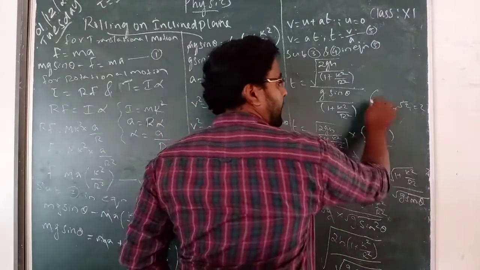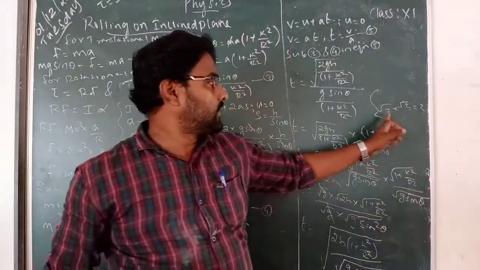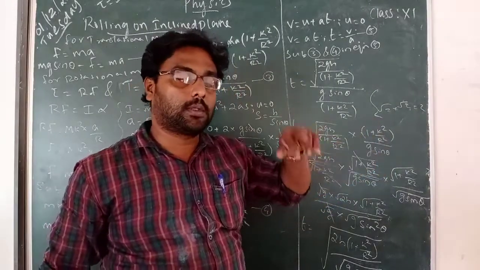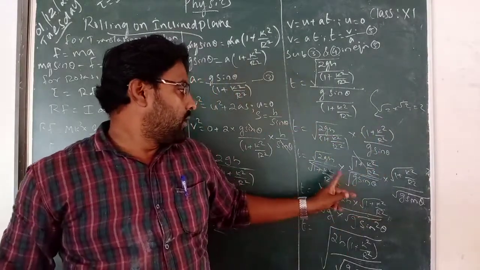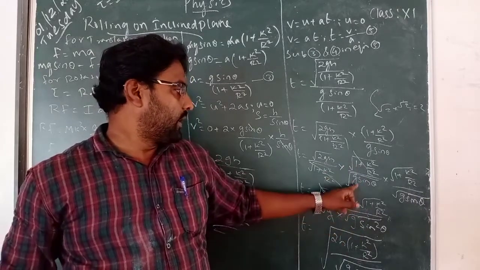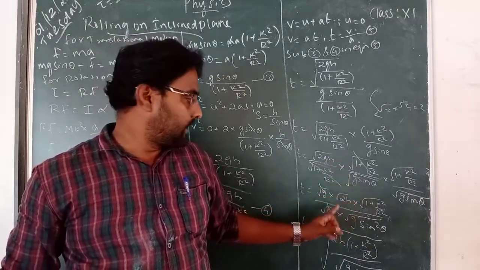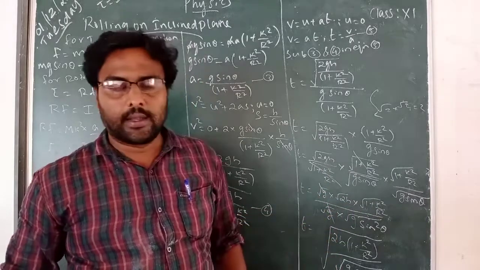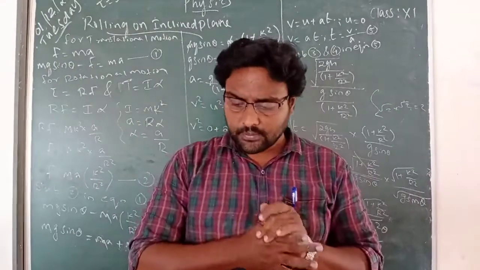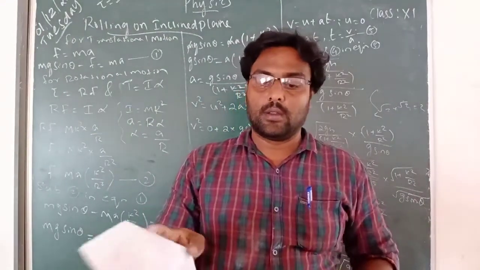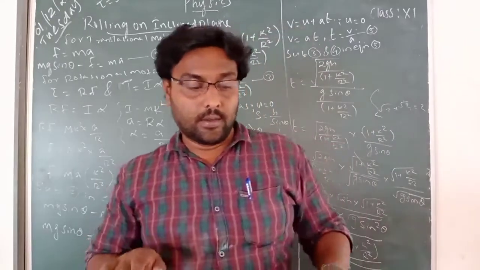Now for our cancellation we are using this: root 2 into root 2 means 2. So like that we are writing this 2 with the root. Now cancelling this and this, here g by root g we can cancel. So next step I am taking outside and cancelling, remaining writing it. This is one of the very important questions you have to learn.